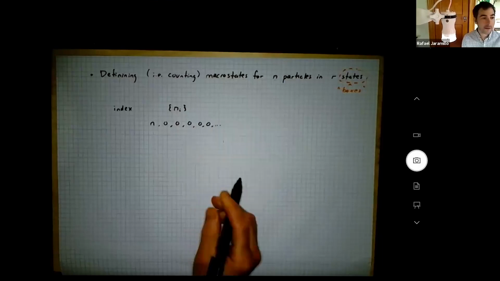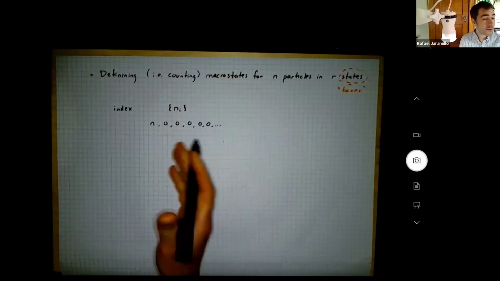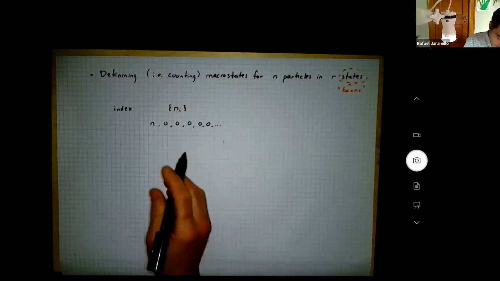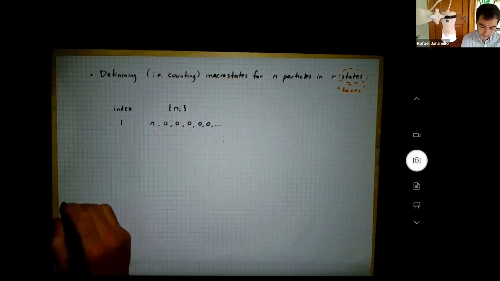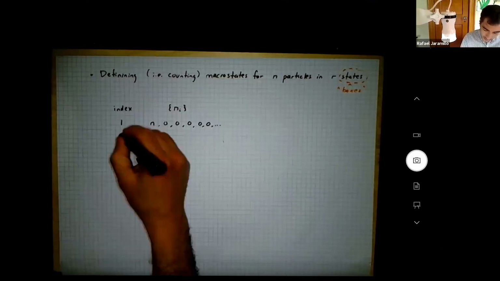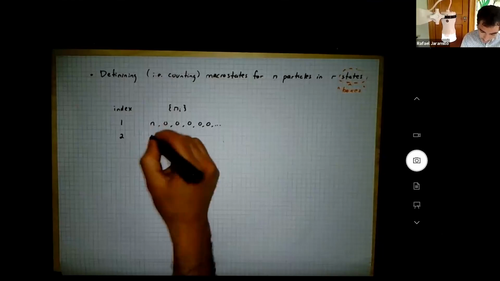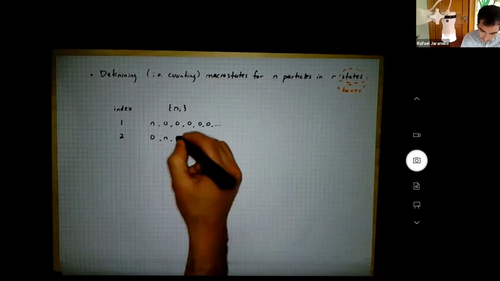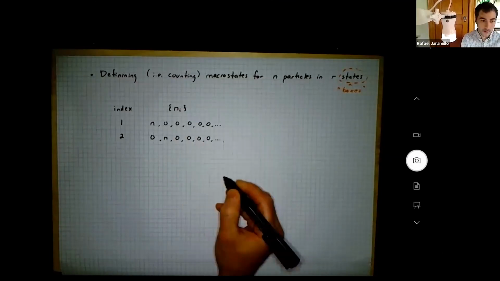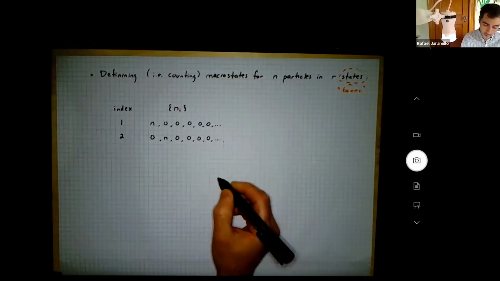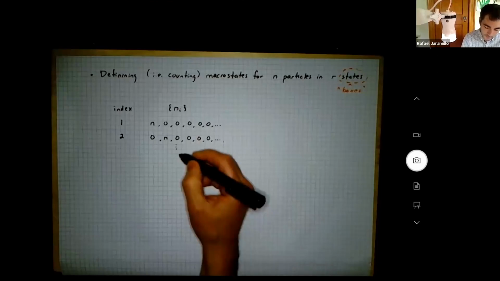Right, that is a good macrostate. All the particles, let's say on the left. Let's call that macrostate 1. We could also have all the particles in the second box, or all the particles in the third box, and so on.